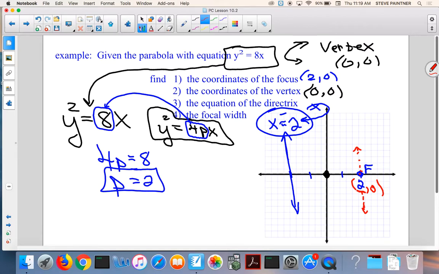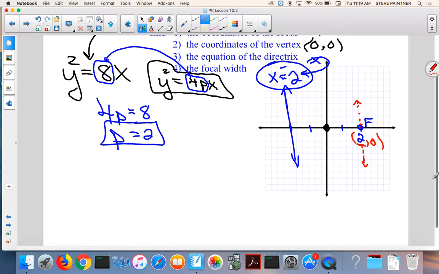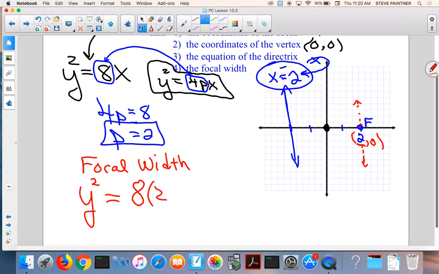So here I go, trying to get my focal width. Y squared, I'm going to plug in the 2. 8 times 2, 16. Keep going. Y equals what? Okay, plus or minus 4.